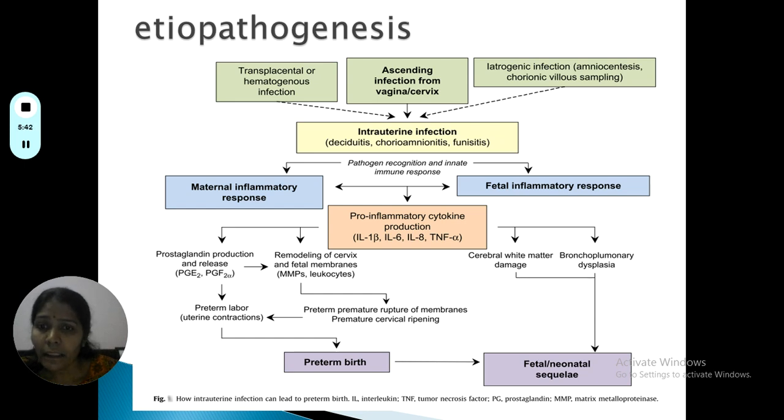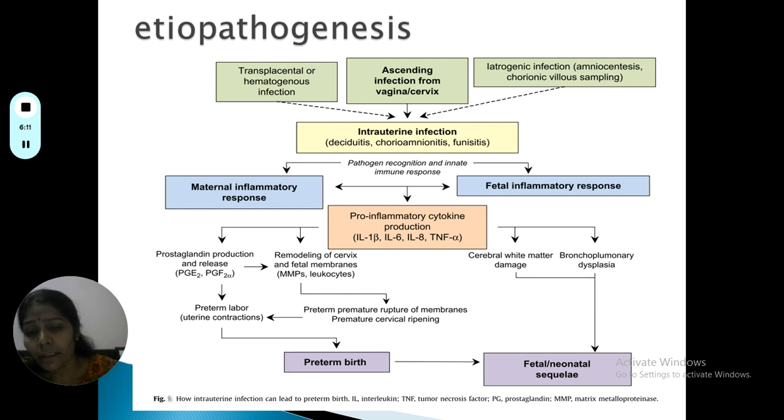There is a maternal inflammatory response which will lead to prostaglandin release and production and remodeling of the cervix, which will lead to preterm labor as well as preterm premature rupture of membranes. There is a fetal inflammatory response where there is pro-inflammatory cytokine release, cerebral white matter damage, and bronchopulmonary dysplasia, which will lead to neonatal sequelae after birth of the baby.